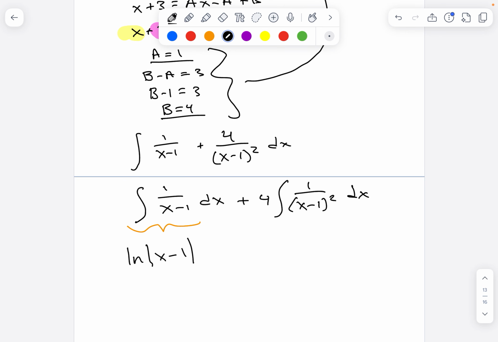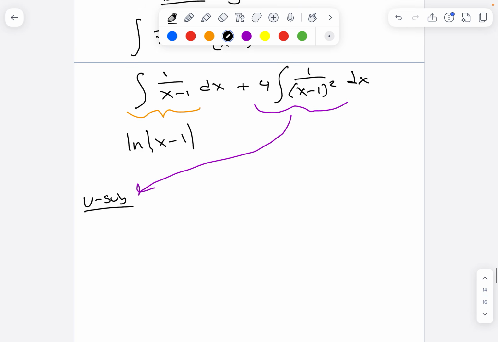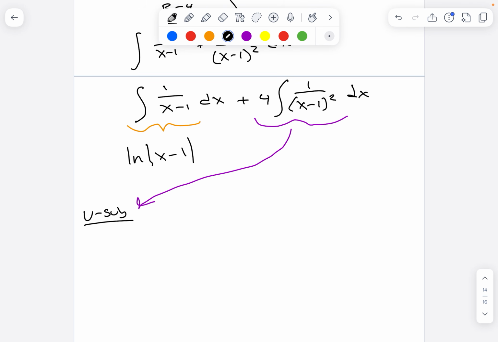And then solving this one right here is a bit more complicated, but I'm going to go ahead and use u-sub for this. Now, if you're not aware of u-sub, please check out my previous video. I made a whole video talking through how to do u substitution. So I'm going to rewrite this integral as the integral of x minus 1 to the power of negative 2 dx.